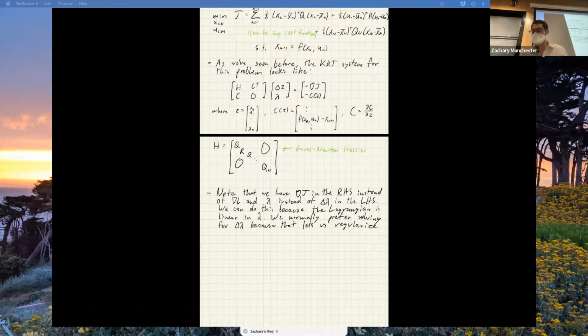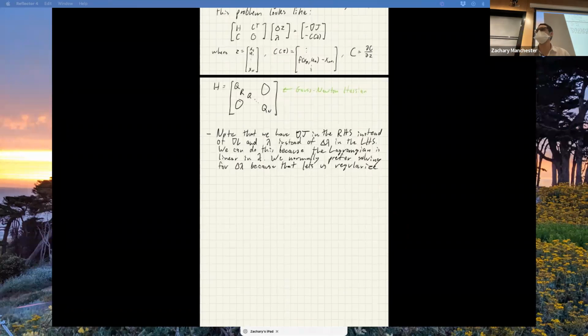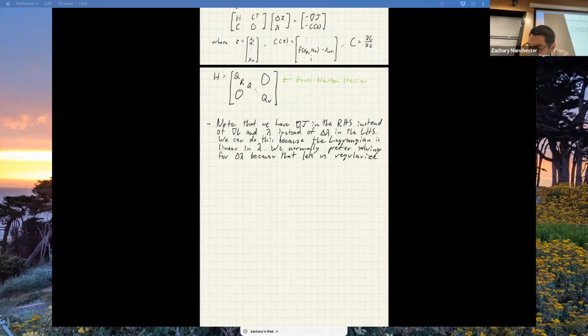Fun fact, a random thing about nonlinear programs. Okay, so a couple of observations here.